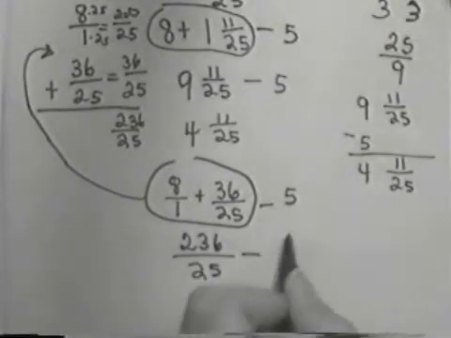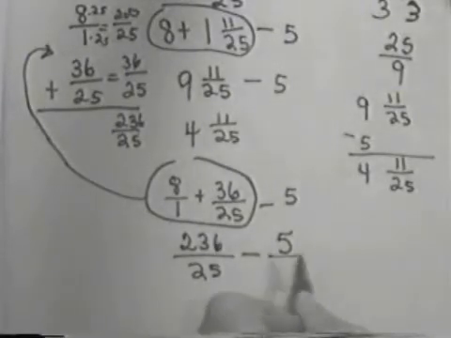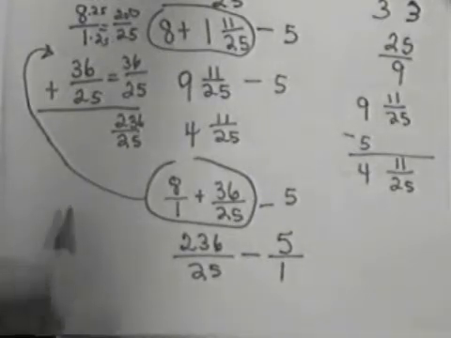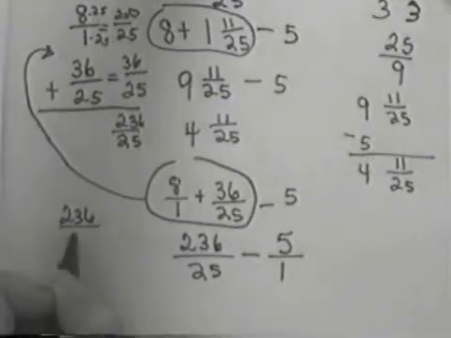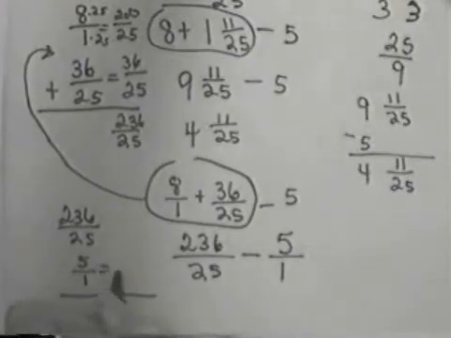And then we'd have to minus the 5. So if we were going to do it like improper fractions, we'd put a 1 under the 5 also and get a common denominator. So we come back over here and we take our 236/25 and our 5/1 and get a common denominator.